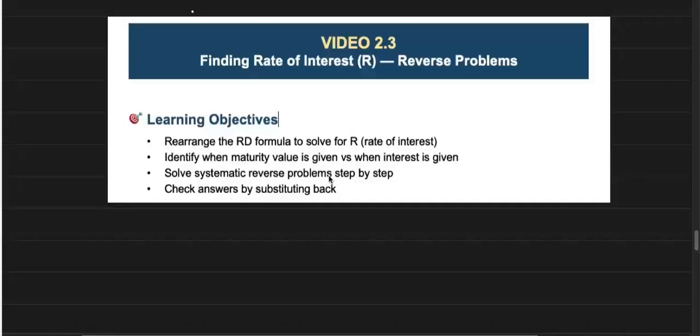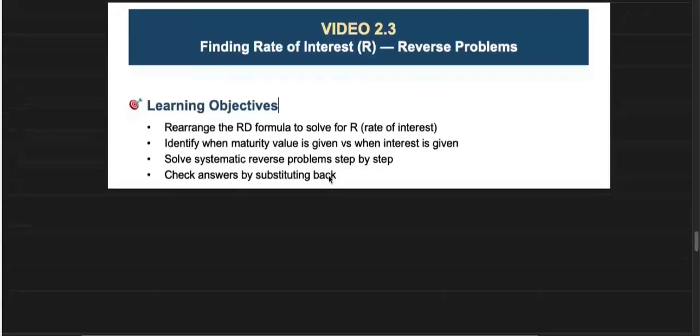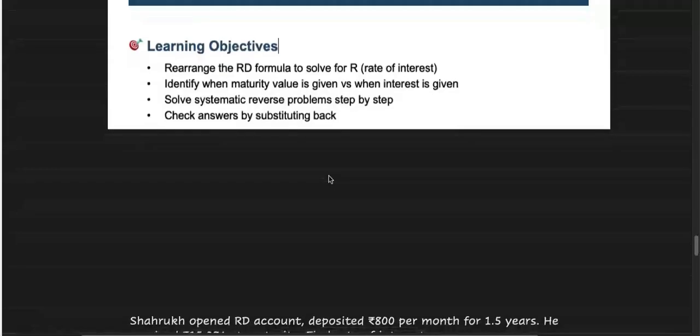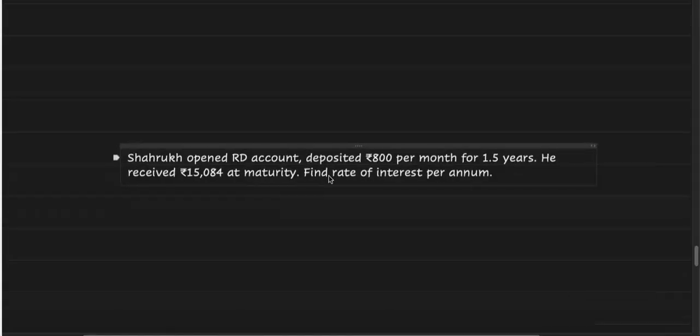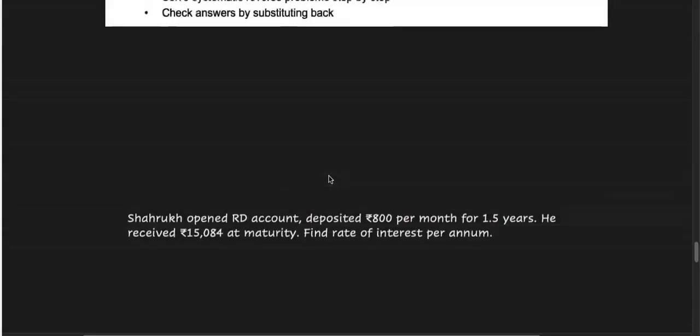So let's begin with the first formula. The formula will be the same: I equal to P into N into N plus 1 divided by 2 into 12, multiplied by R by 100. So how will you do that?